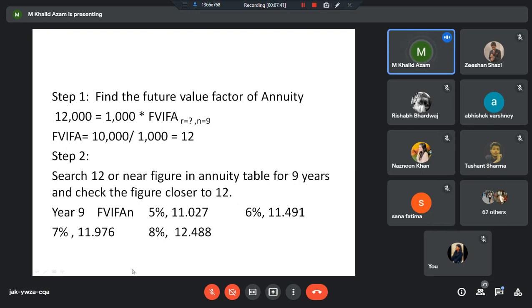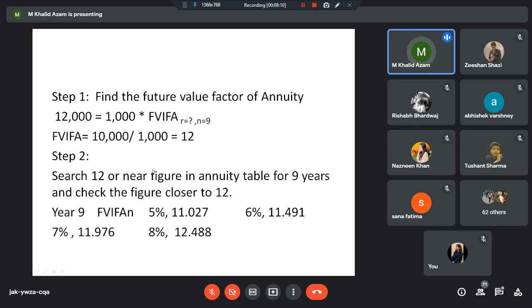So this is the calculation which we make. Here there is a use of the table. If the table figures are available, that will make your work easy. If the table is not available, then you will have to go for the trial and error method. You can start with any percentage, and check 12,000 divided by 1,000 against that percentage to see how much it comes to.